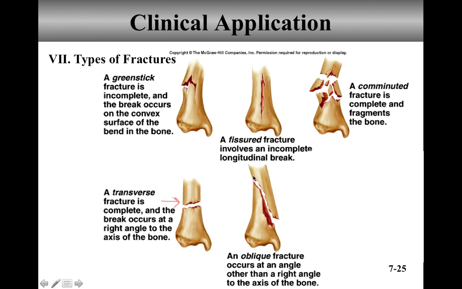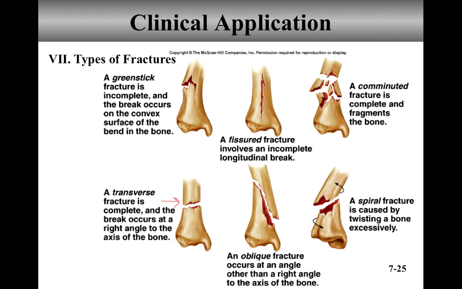Oblique runs at an angle up the bone. You think of the oblique muscles, these muscles in your body that run down at an angle along your abdominal region, and the oblique fracture runs down at an angle along a bone. And then finally, the spiral fracture, twisting a bone excessively. They're not super common.